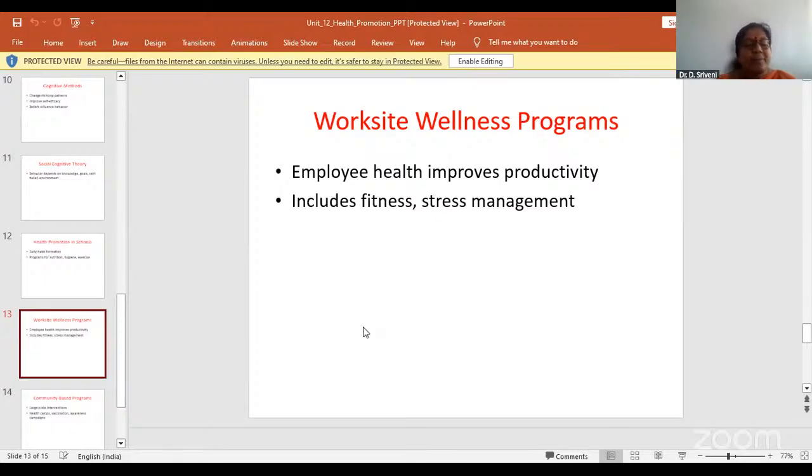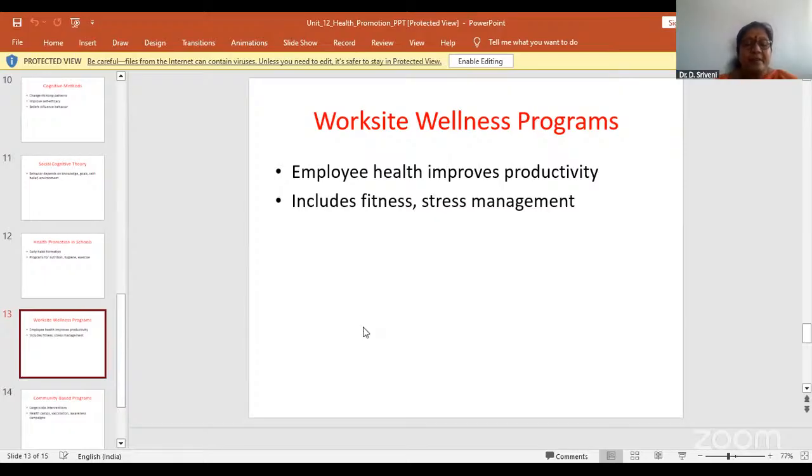While children can be easily reached through schools and healthcare systems, the adult population spends a significant portion of their time at the workplace, making worksites an ideal setting for promoting health and well-being.